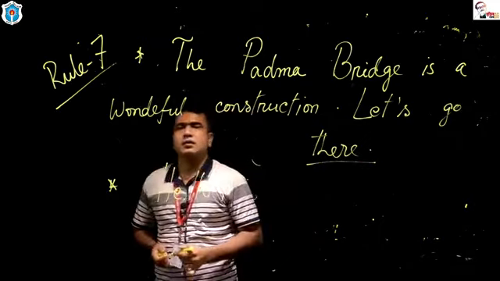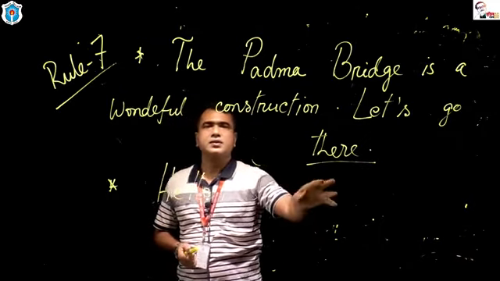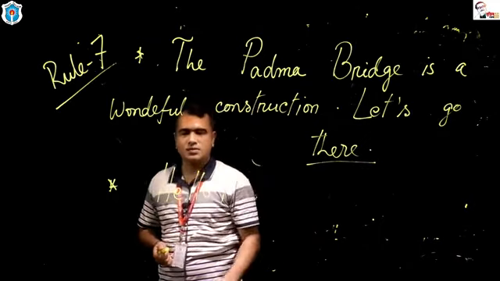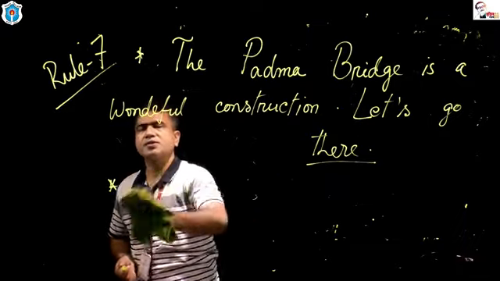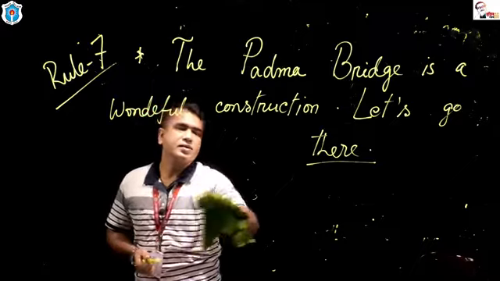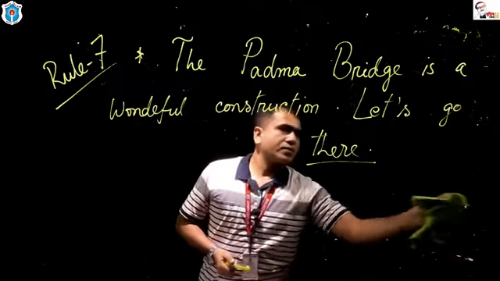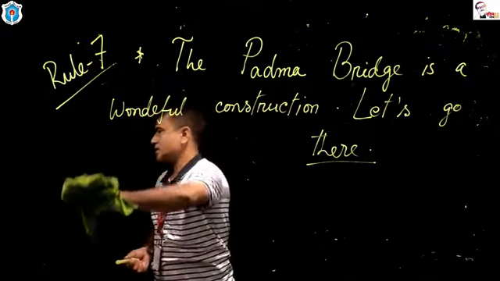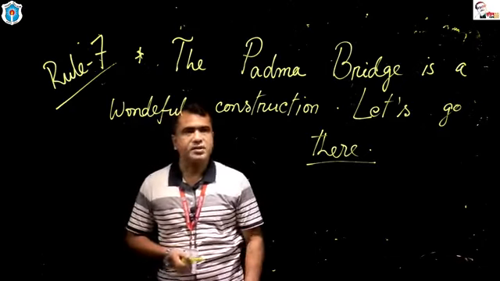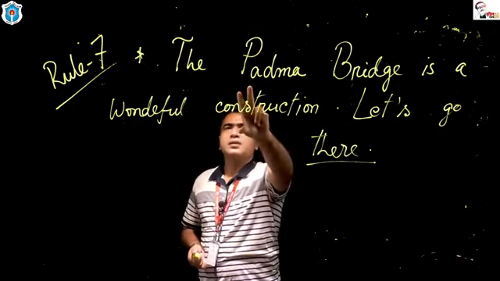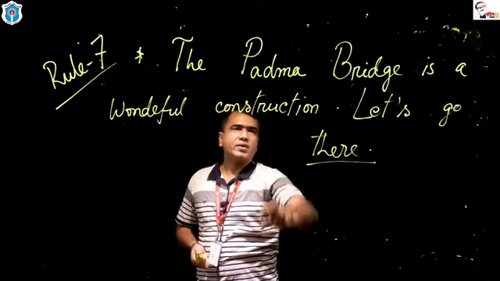Here the pronoun there indicates the place where the bridge is constructed. So it's a wonderful place. We can go there for sightseeing, for some entertainment. The Padma Bridge is a wonderful construction.